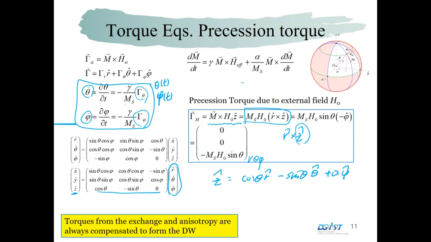If we multiply by r here, this part goes to 0, and this part also goes to 0 because r is parallel. We have only the r cross theta term here, and r cross theta gives us phi. So it turns out to be this form.